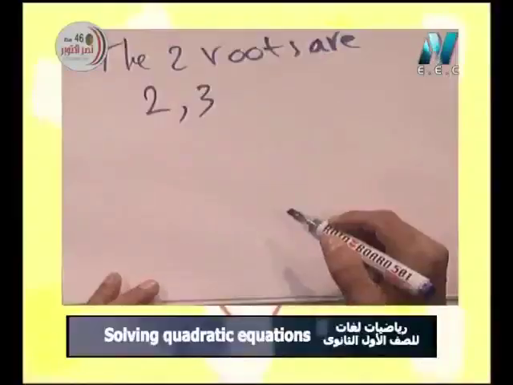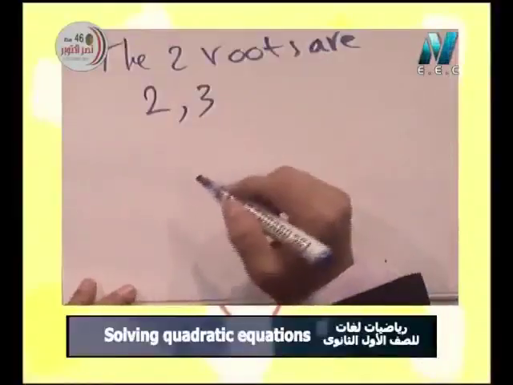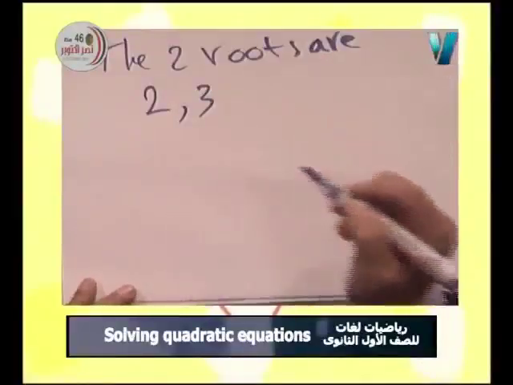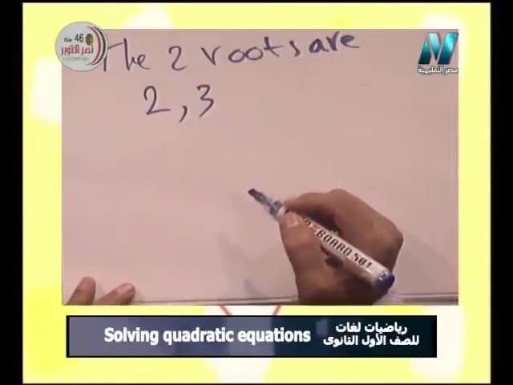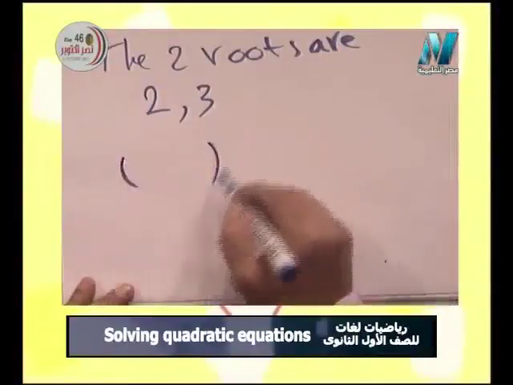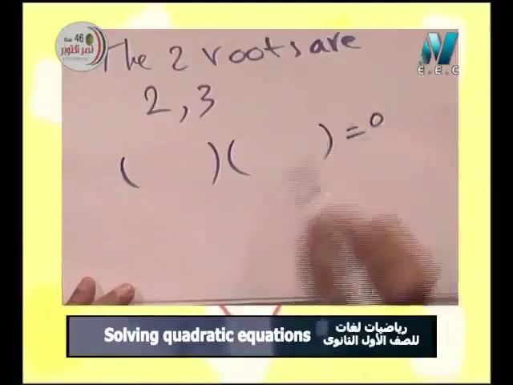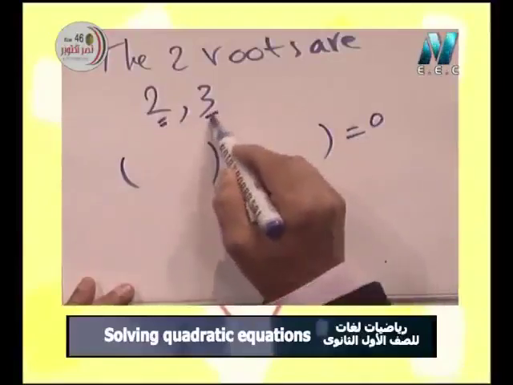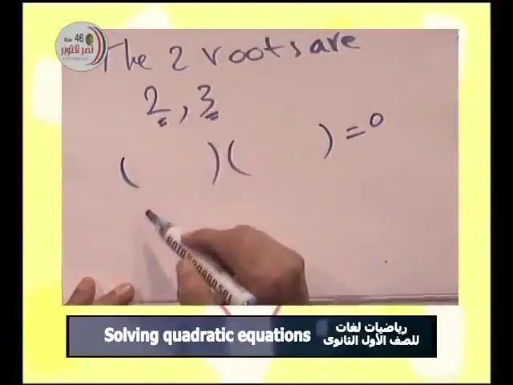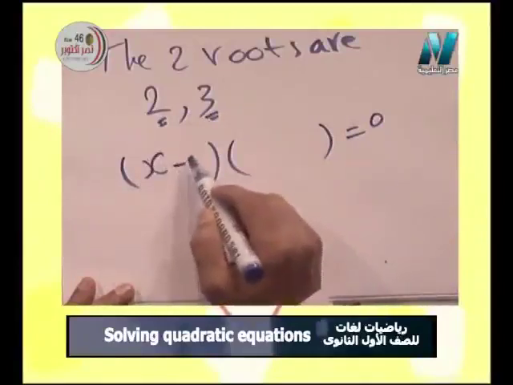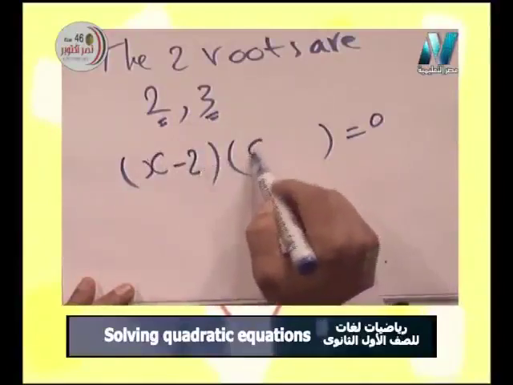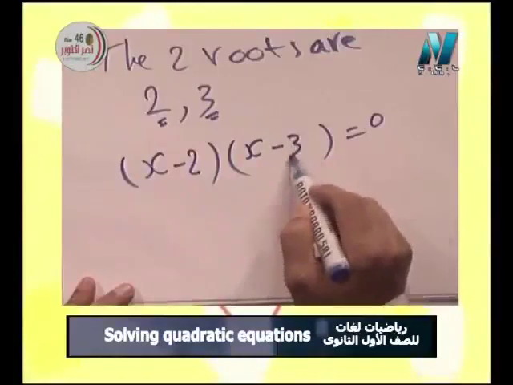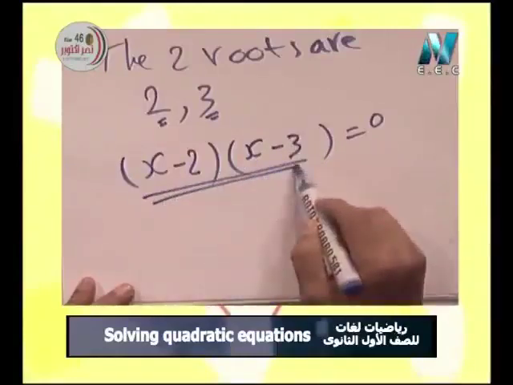How can you find the quadratic equation? Look at this. These are the two roots. We have 2 here and 3. So put x minus 2 and x minus 3 and you will get the quadratic equation easily.